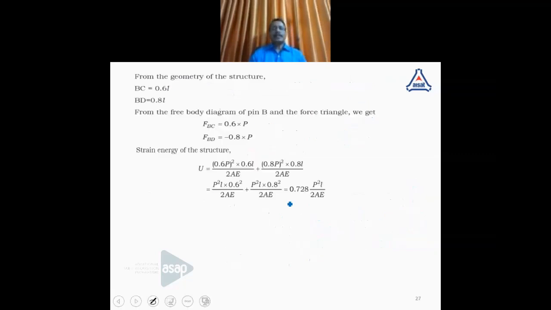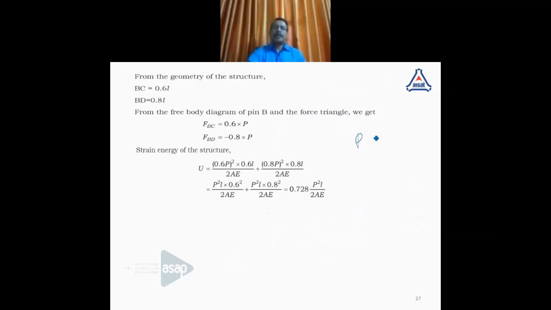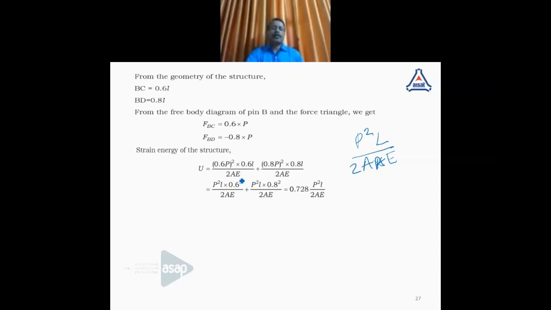For determining the strain energy, we use the expression P square L by 2A. Here the force is 0.6 P, and the length is 0.6 L, over 2A. The cross section is the same, and the material is the same, so those are taken as constant.